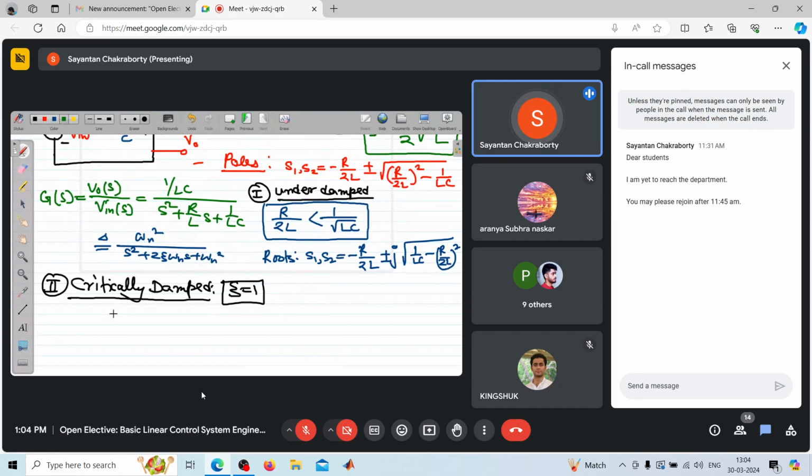So that leads to R by 2L is equal to 1 by root over LC, and the roots s1, s2 are at minus R by 2L, minus R by 2L, right? And finally, the overdamped case.